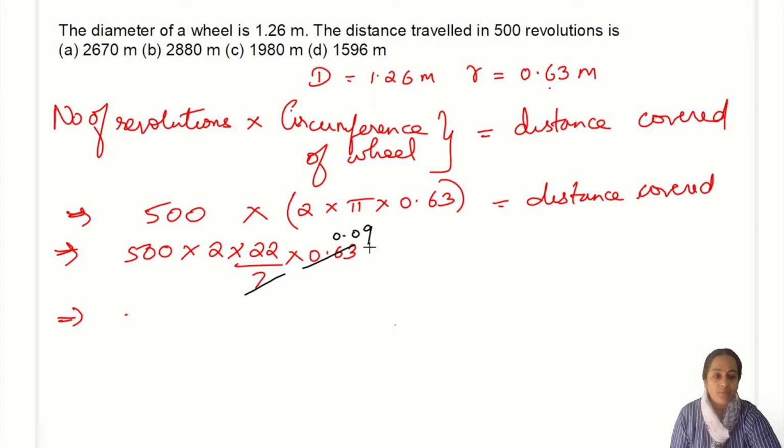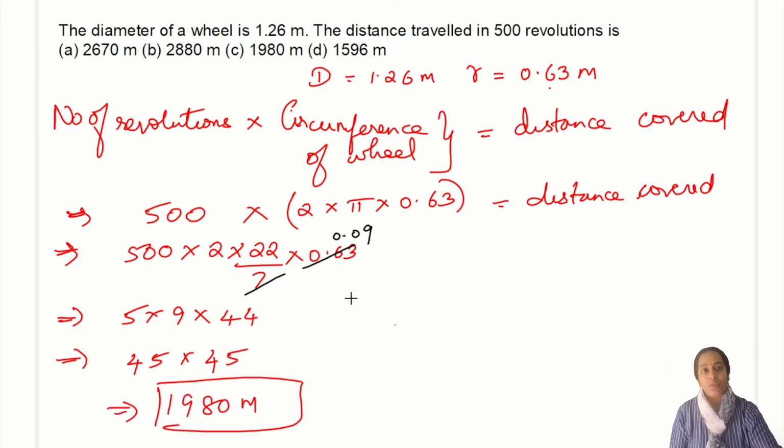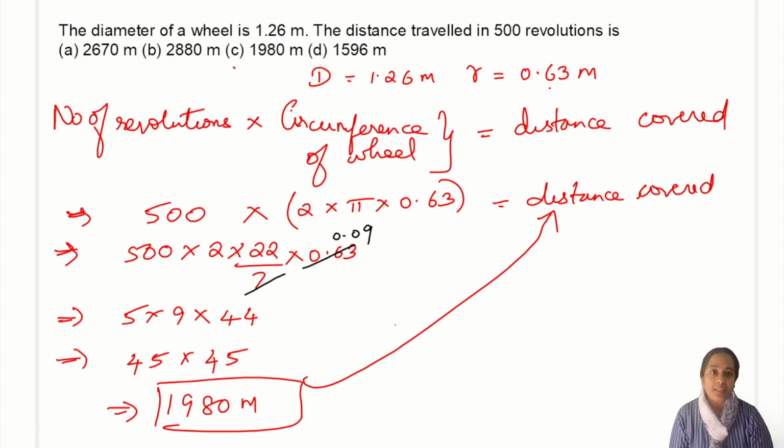And here you have two decimal places, 0.09 and 500 is there. So 5 into 9 it will become 45, two decimal places, and two zeros with 500 will get cancelled. So 45 into 44. What is 45 into 44? 1980 meters. So that's your answer. So it's option C. Option C is the correct answer.